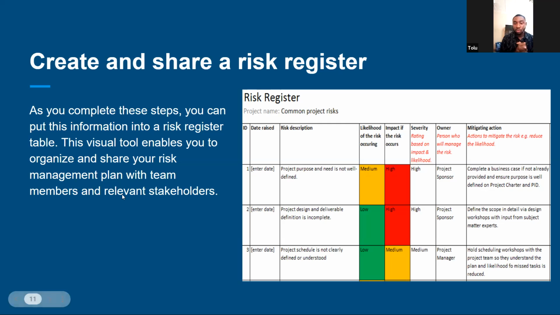So you have to put the likelihood. Now, after you have done your risk matrix, the risk matrix will be able to help you create this risk register where you would be able to color code them. The one that is severe and the one that is medium, or the one that is not, the likelihood is not even sure to really happen that much. So with a risk register, you can always know the risk that will happen and the persons who are going to be able to solve that.